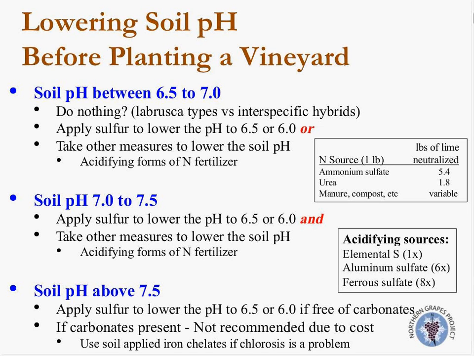When we get above 7.5, then it gets a little tricky to acidify your soil. This is particularly the case if you have free carbonates in your soil. If you do have a lot of free carbonates, it's going to be very expensive to get that pH down. What we recommend, if you're having iron chlorosis problems on those high pH soils with free carbonates, is to use soil-applied iron chelates to correct the problem.